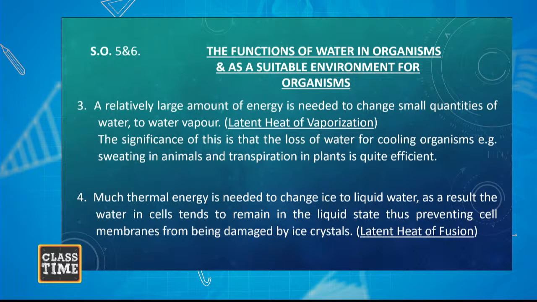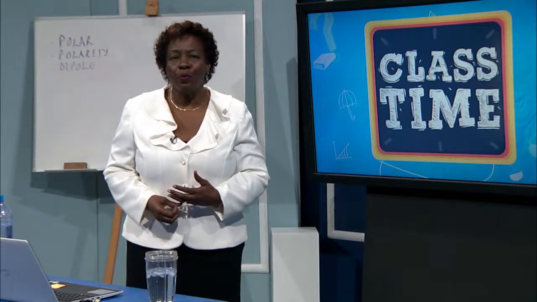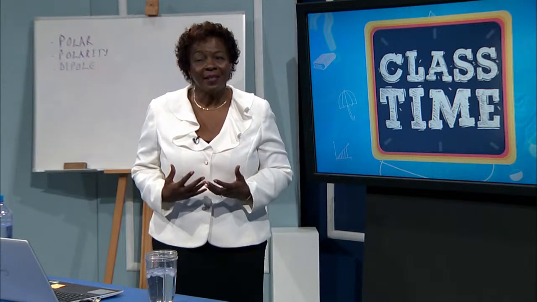So, for example, when you are out in the hot sun, you might find that you produce sweat. Now, it's not the production of sweat that cools your body. It's the evaporation of the sweat, the liquid water sweat, that will cause the body to cool down. Now, how is this done? The heat is going to be taken from the blood that's flowing through the body near the skin.